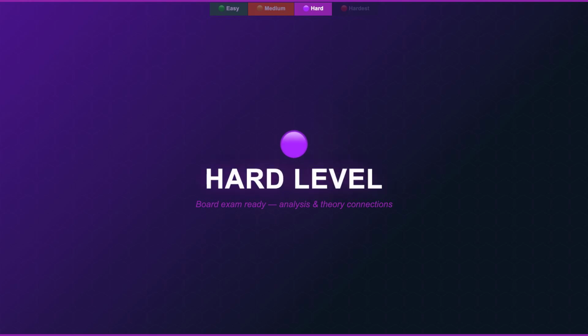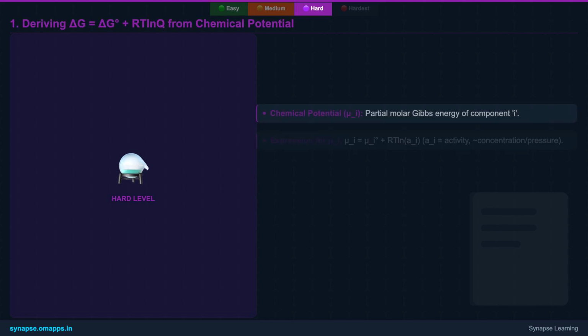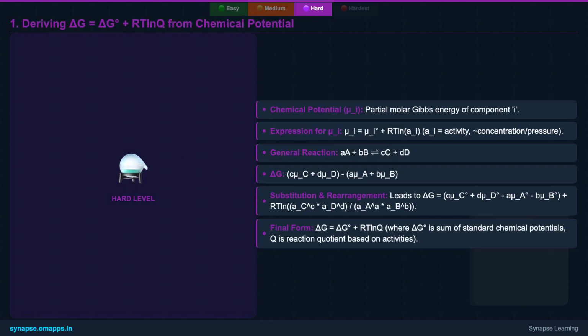Now, let's elevate our understanding. We are diving into the more intricate derivations and theoretical connections that underpin Gibbs energy and equilibrium. The equation delta G is equal to delta G degree plus RT ln Q isn't just a formula, it's derived from the concept of chemical potential. Each component in a mixture has a chemical potential, mu, which depends on its standard potential and its activity or concentration.